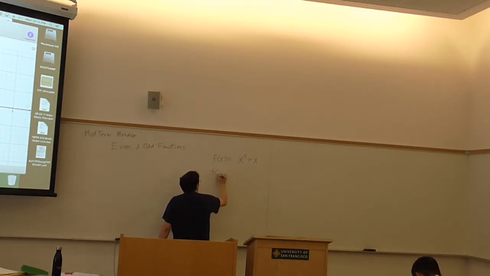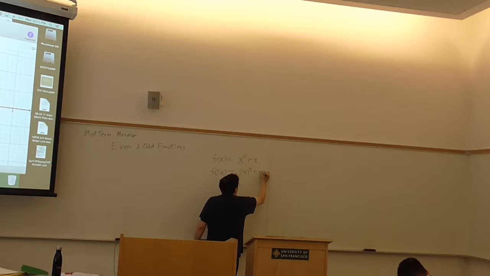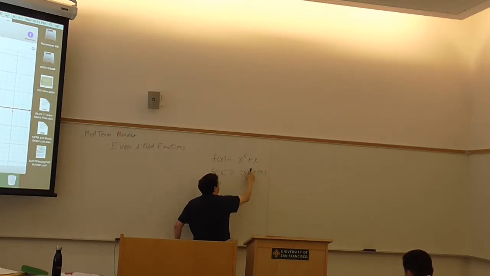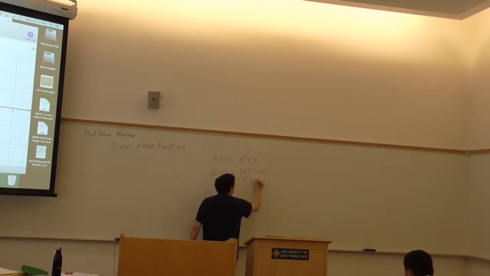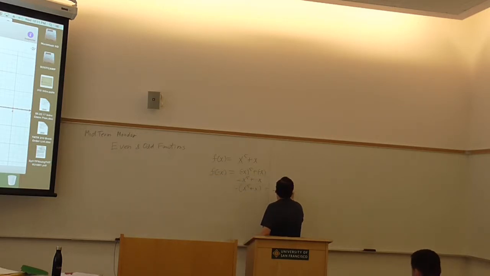So we want to look at f of minus x. It becomes negative x to the fifth plus negative x. Negative 1 to the fifth is negative 1. We take out a minus 1, and get x to the fifth plus x. Well, that's just negative f of x.